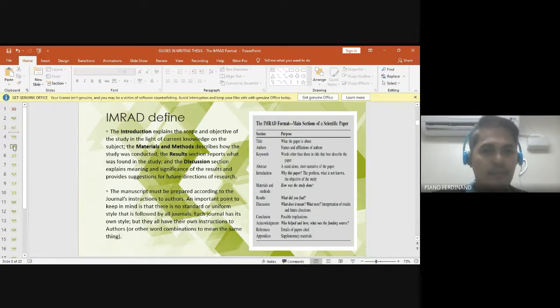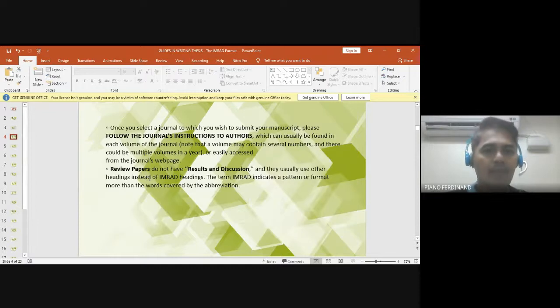Excuse me. Next is, once you select a journal to which you wish to submit your manuscript, please follow the journal's instructions to authors, which can usually be found in each volume of the journal. Note that volume may contain several numbers, and there could be multiple volumes in a year or easily accessed from the journal's webpage.